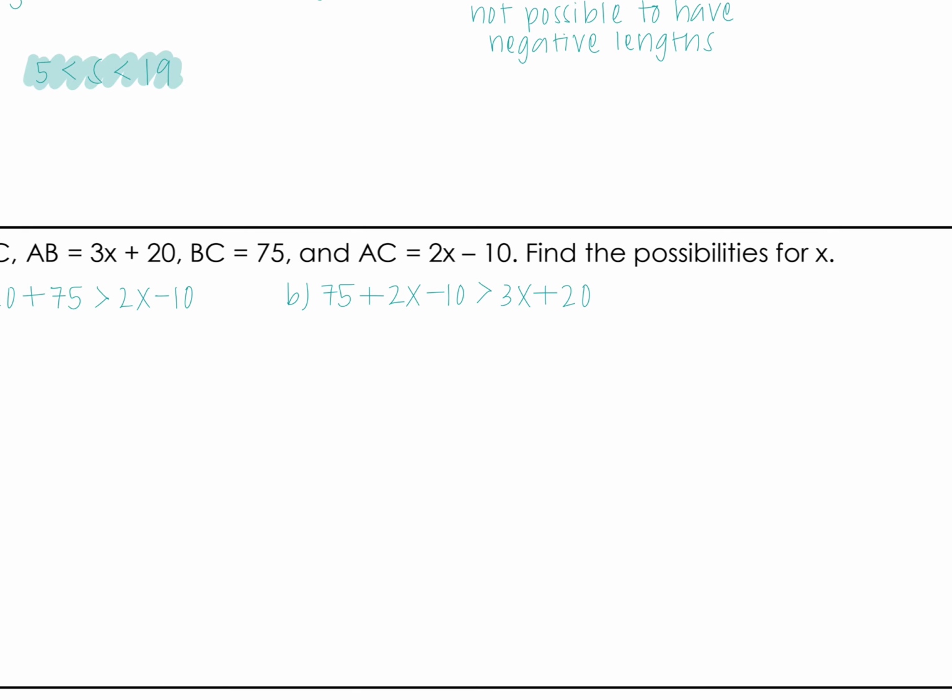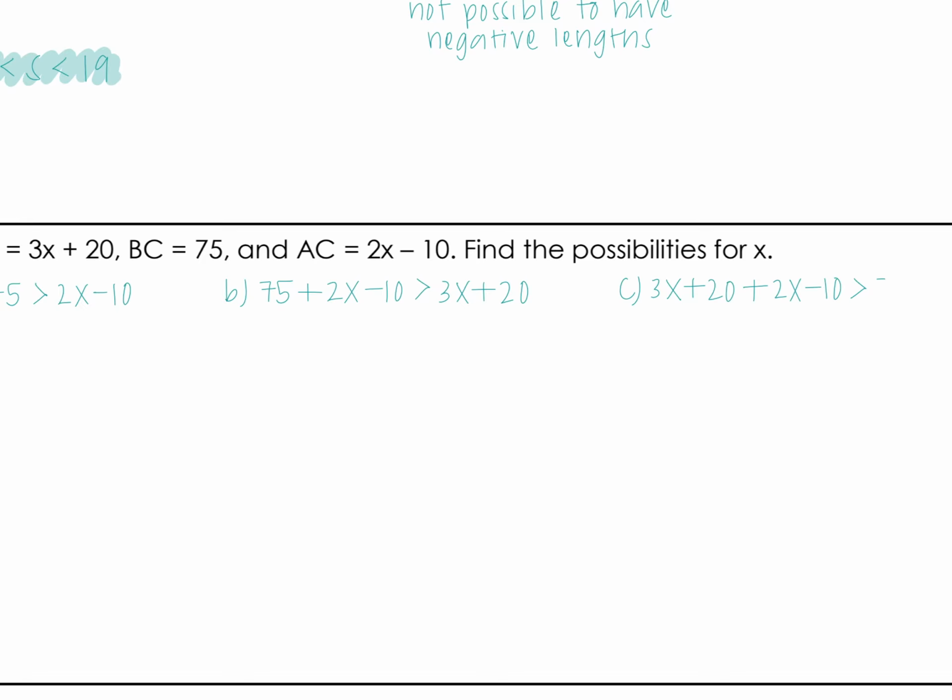And then lastly, we'll have scenario C where we can say that 3x plus 20 plus my 2x minus 10 is going to be greater than that 75. Okay, so those are my 3 scenarios, and now I'm going to just run through and solve them.